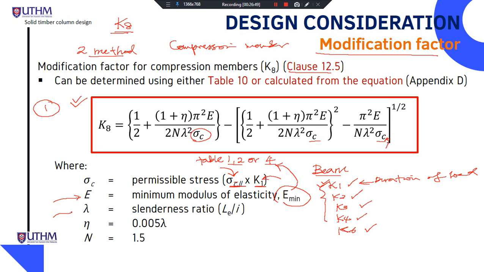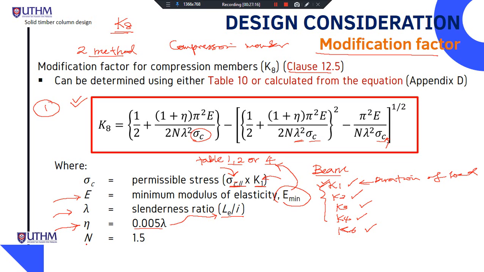Next is the slenderness ratio. You have seen this in the previous slide. And here is the eccentricity factor, taken as 0.005 multiplied by the slenderness ratio from this equation.